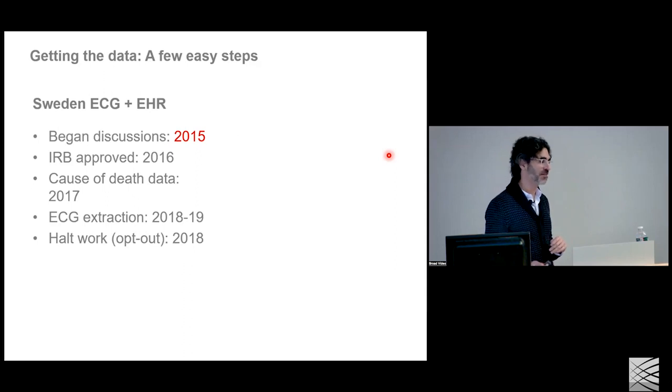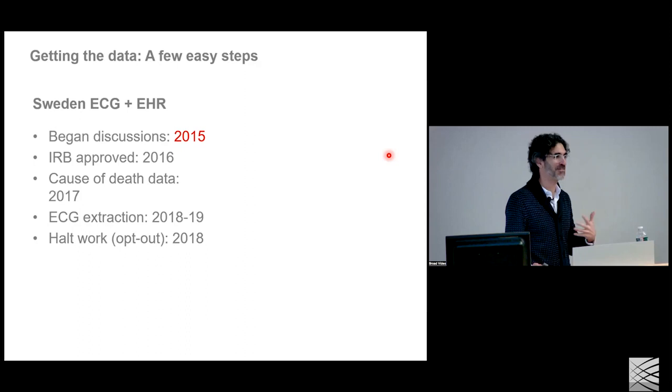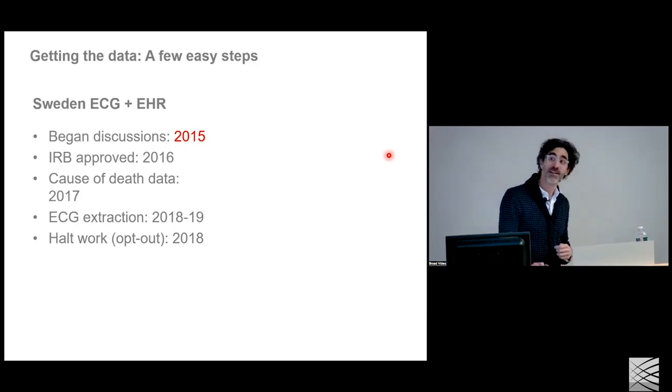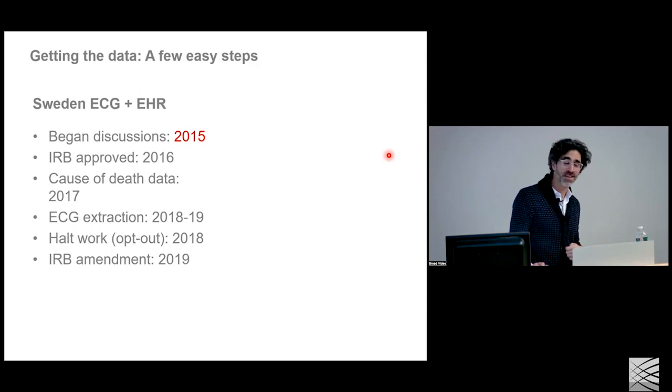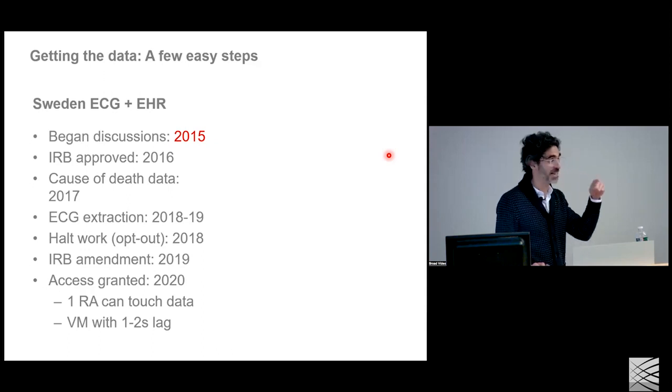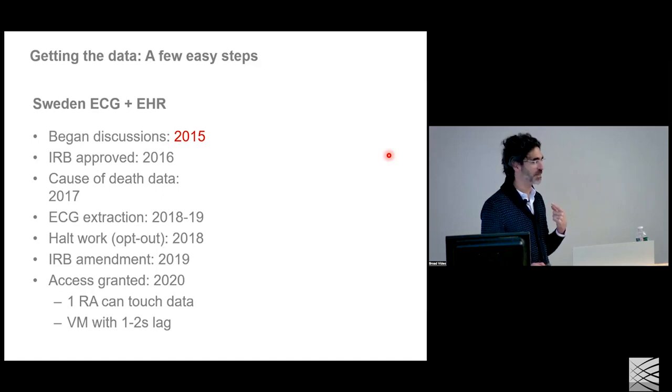Interestingly, because it's Sweden, I think 7 people opted out. So there's a lot of trust in government and institutions, but it did cost us a long time. Then we had to get an IRB amendment because something was wrong with the first one. And then finally, we got access to the data from outside of Sweden in 2020.